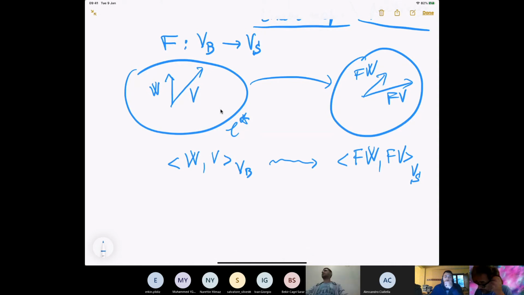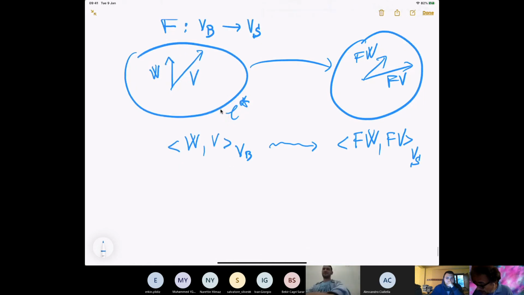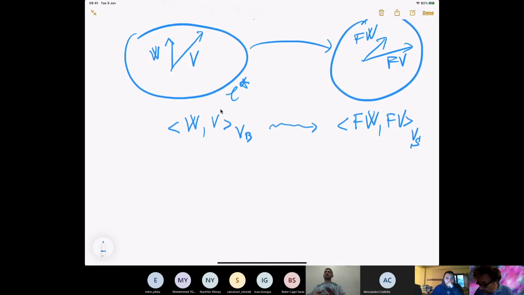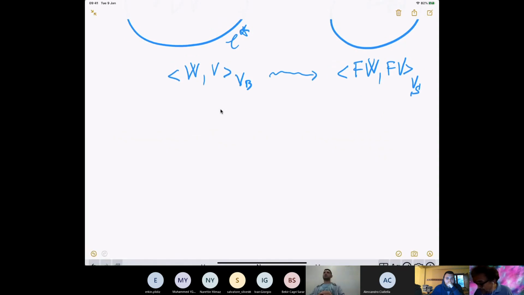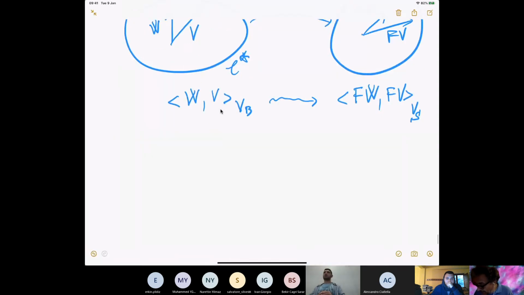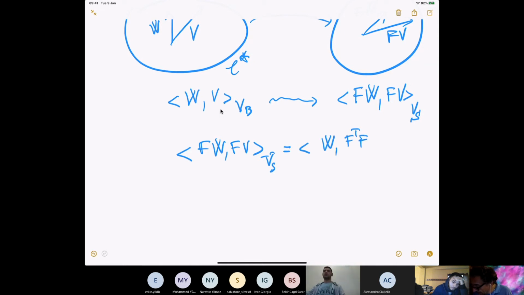Okay. Then, if you remember, we introduced the transposed of F. So we wrote FW FV in VS. We wrote it like W F transpose F V in VB. Okay.